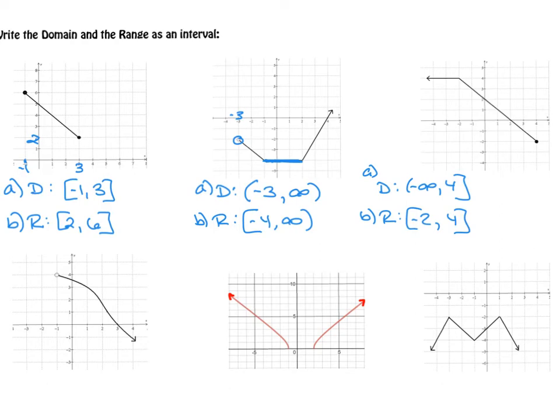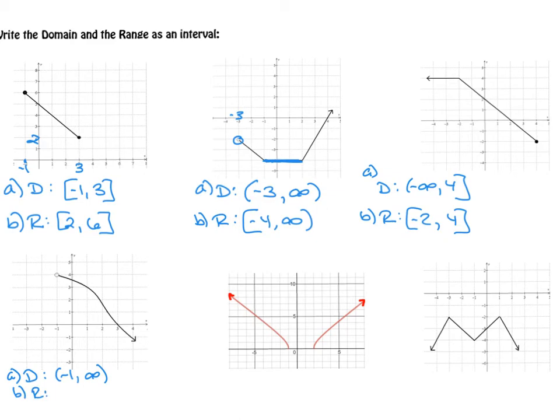Okay, so the range is -2 to 4 with brackets. Let's do the fourth one down here. The domain starts at -1 with an open circle, so parentheses, but then goes all the way to the right because of the arrow. So -1 to infinity with parentheses.